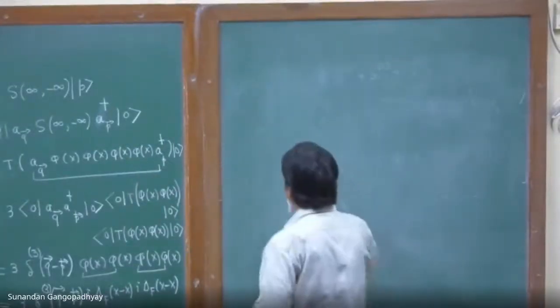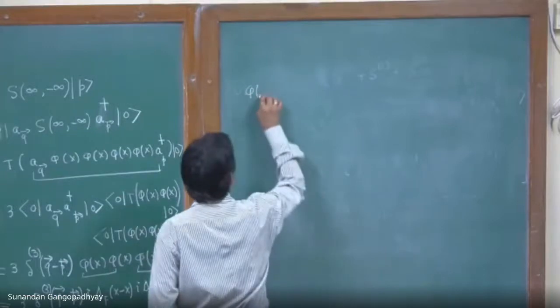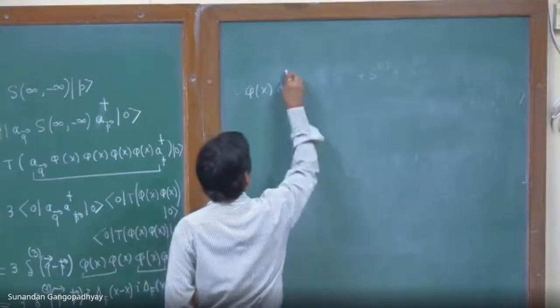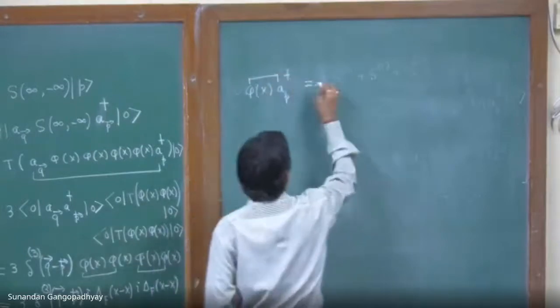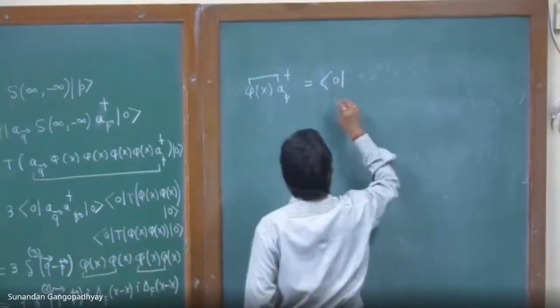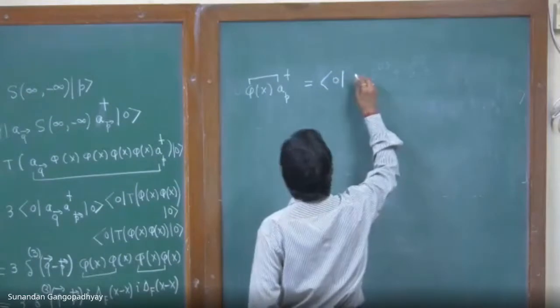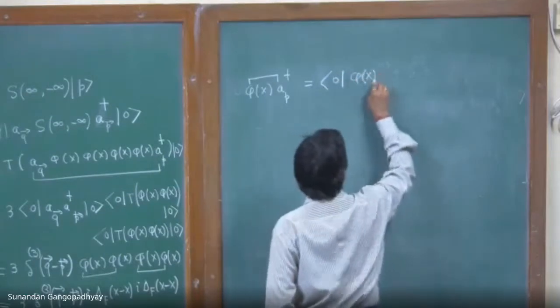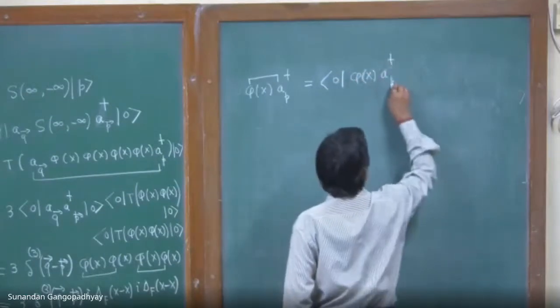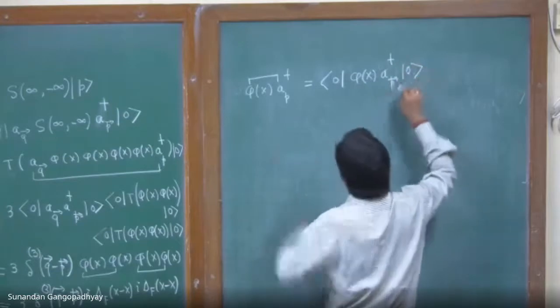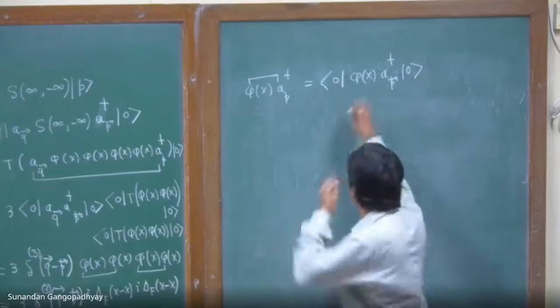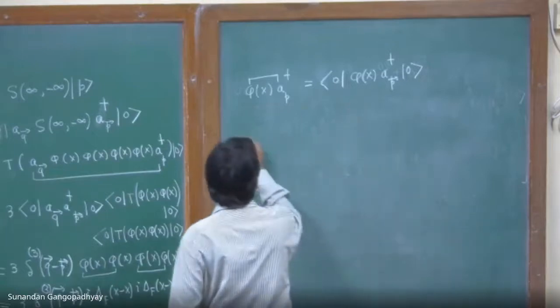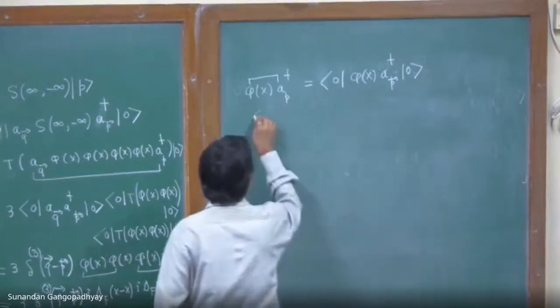So let us take this contraction phi x with A dagger P. This actually means that this is a vacuum expectation value of phi x and A dagger P. How can you calculate this? It is very simple. Put in the mode expansion of phi x.